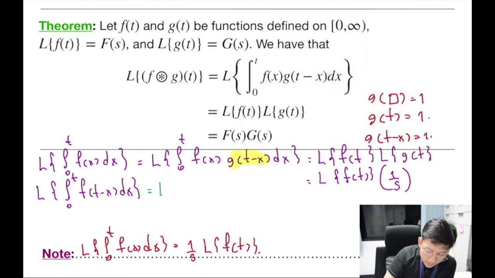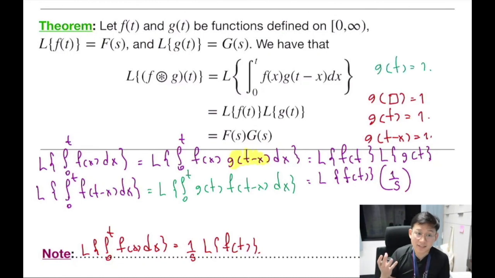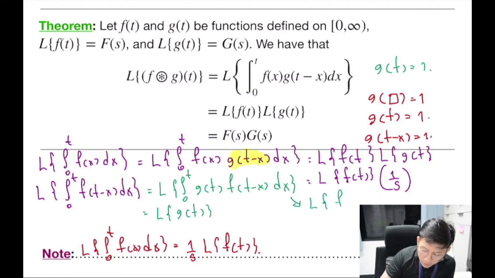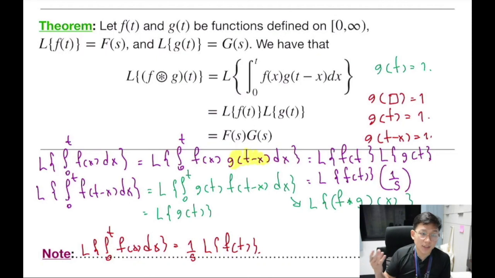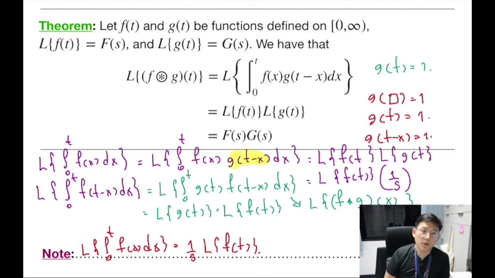You can look at it as the Laplace transform of the integral from 0 to t of g(t) f(t minus x) dx, when you define g(t) as 1, again the same g. So in that case, don't forget there will be the Laplace transform of the convolution of f and g, which is the Laplace transform of g(t) times the Laplace transform of f(t).